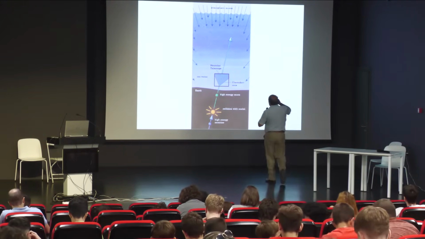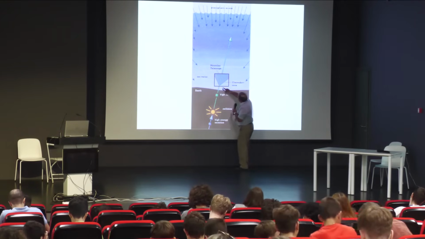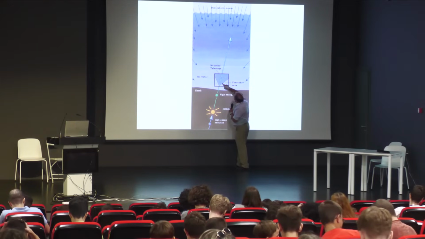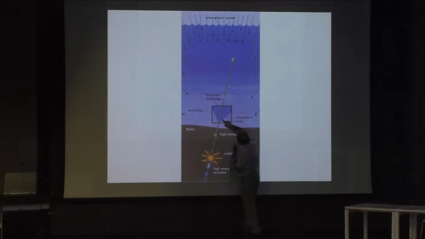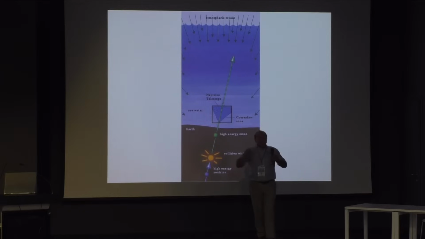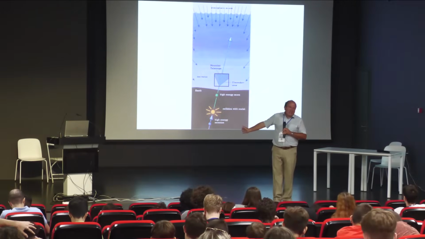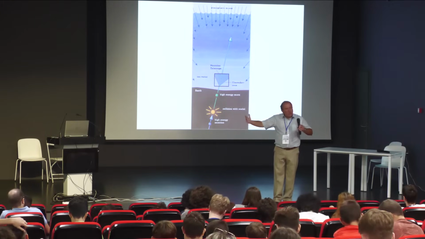So if the light is created here, and then I have to put the next detector there, the other there, and so on. In principle, I have to keep in mind the parameters of the medium. If I'm in seawater, here, let's say in Greece, it was 30 meters. Why 30 meters?